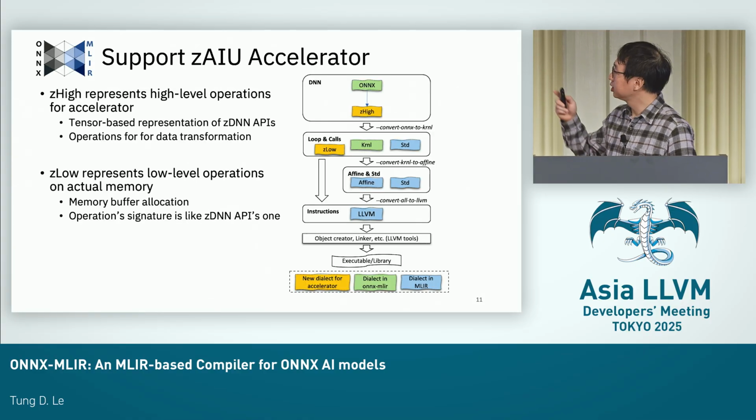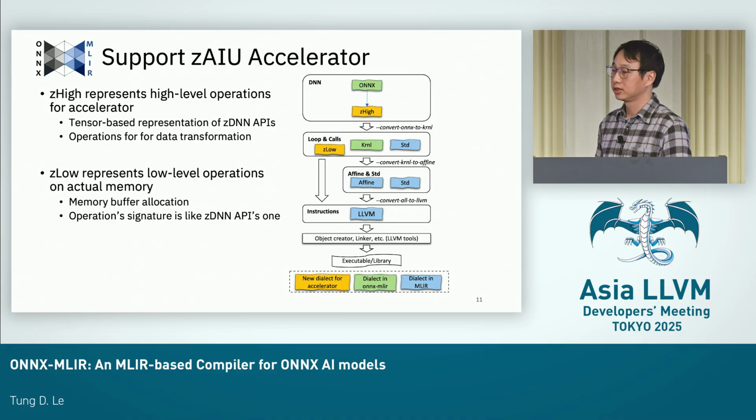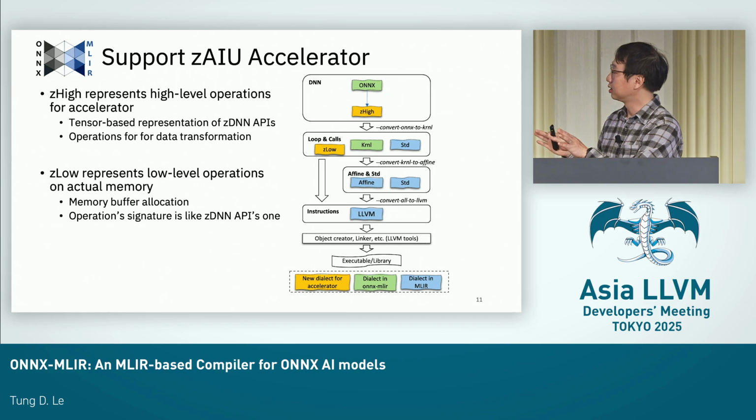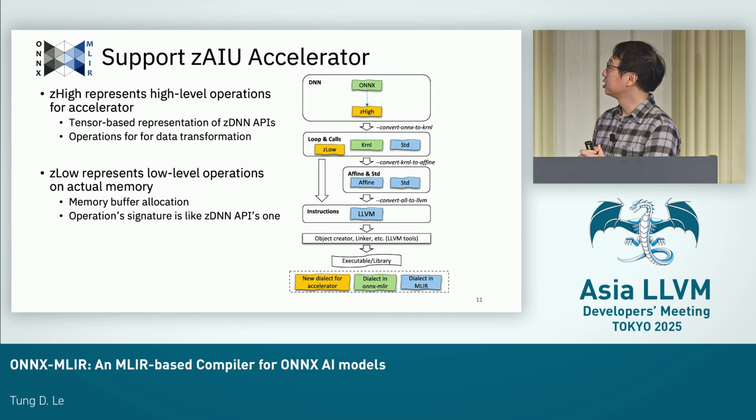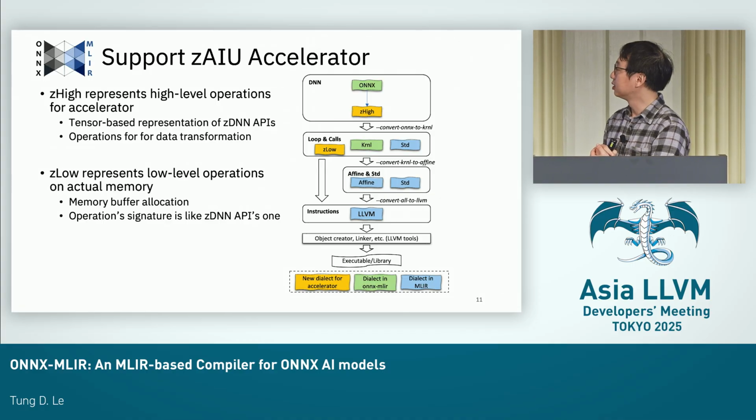To support this accelerator, we propose 2 new MLIR dialects, zhigh and zlow. zhigh is a tensor-based representation of the zDNN API. Basically, its signature is similar to the ONNX operator. After that, we have zlow, which represents the low-level operation on the actual memory.